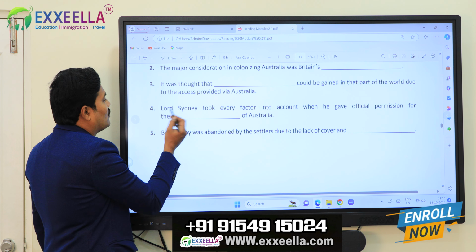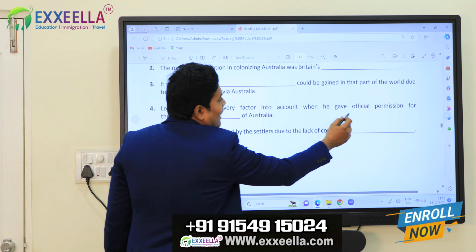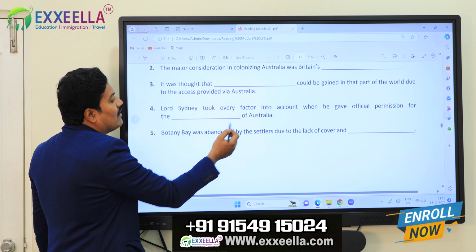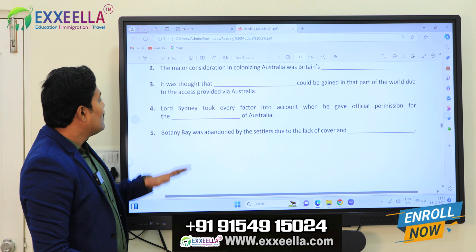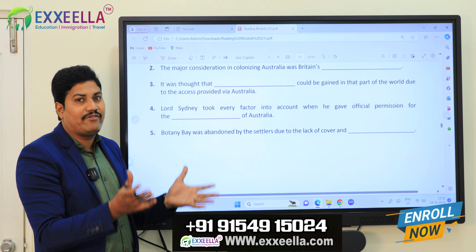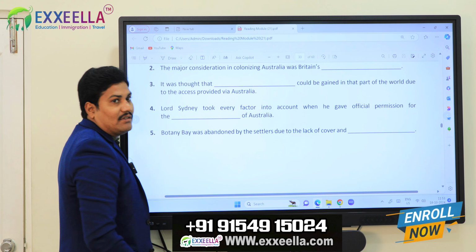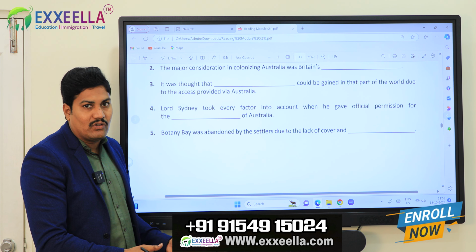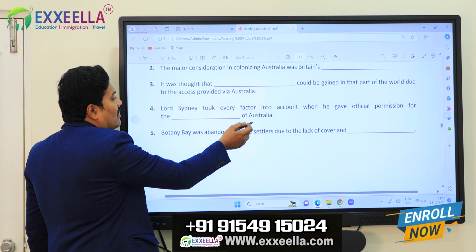Now coming to the fourth one: Lord Sydney took every factor into account when he gave official permission for the blank of Australia. So we should understand that Lord Sydney took every factor and gave official permission. What is the reason for giving official permission for Australia?